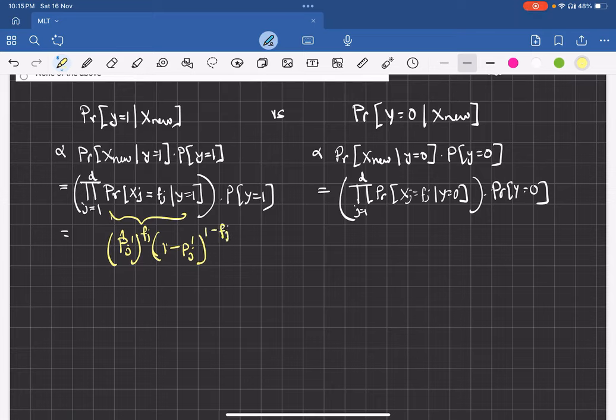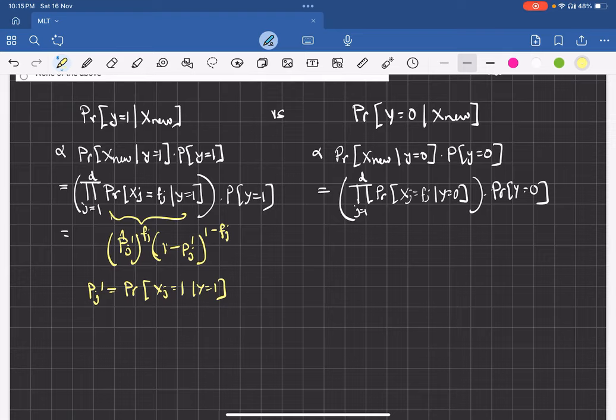Now one might think, how did we write this? So what is the idea? What is pj1 first of all? pj1 is the probability that xj is equal to 1 given y is equal to 1.